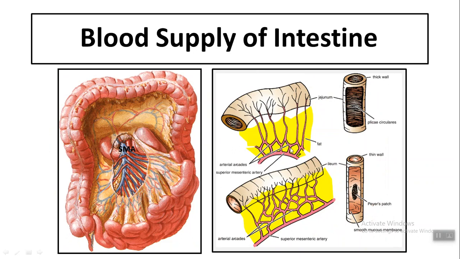Regarding the arcades, the jejunum has fewer arcades than the ileum. The ileum has more arcades. Also the fat distribution, shown in yellow, is more abundant in the mesentery of the ileum than that of the jejunum.